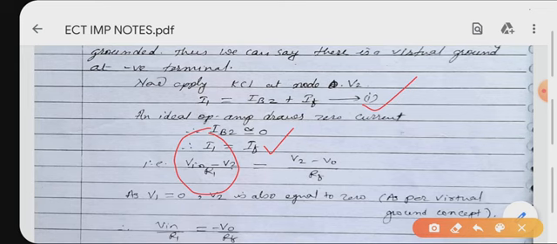Because I1 is the current flowing through resistor R1 and the direction of current is from Vin to V2. Therefore I1 is equal to Vin minus V2 divided by R1. Similarly, you can write down the equation for IF also. IF is the current flowing through resistor RF and the direction of current is from V2 to VO. That's why V2 minus VO divided by RF.